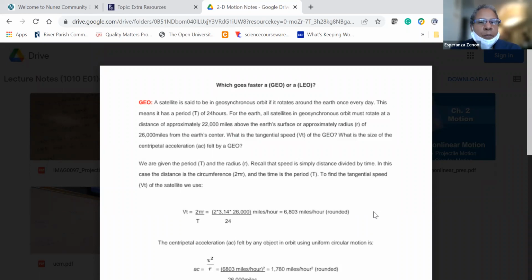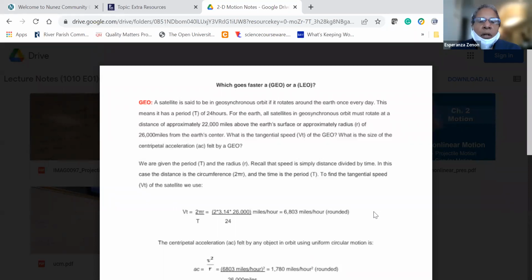The first example is a GEO, a geosynchronous orbit satellite, which rotates around the Earth once every day. Basically it stays above a fixed point on the Earth's surface and follows the Earth as it makes its daily cycle of 24 hours.